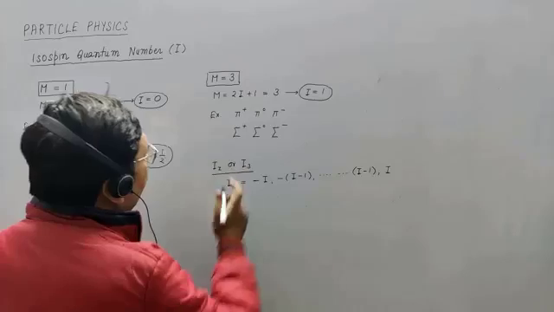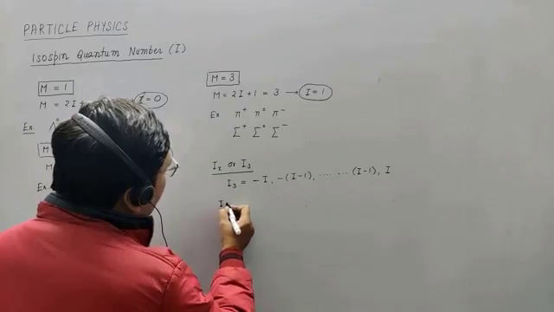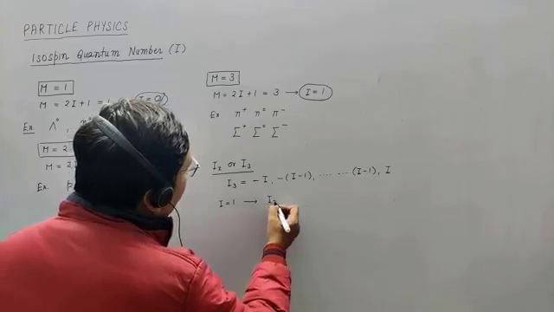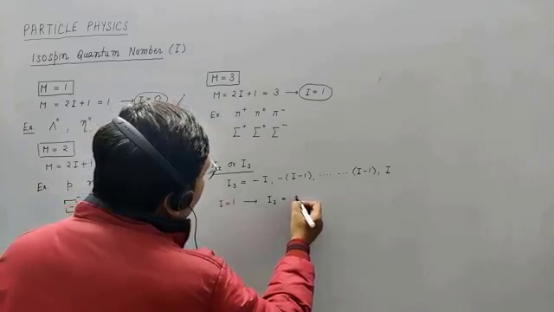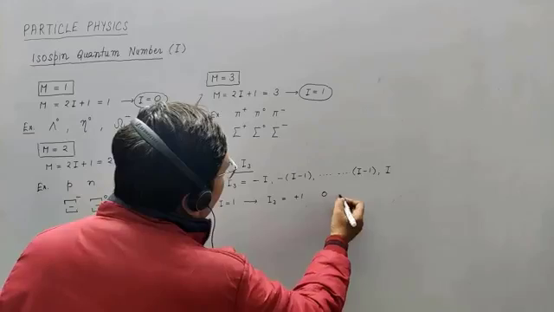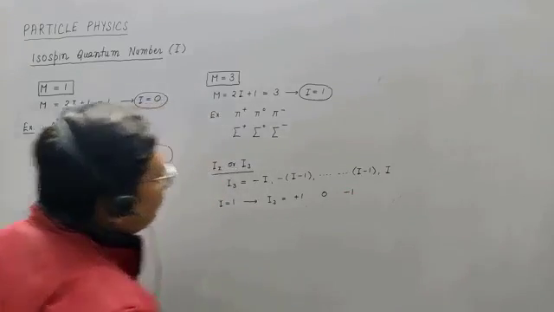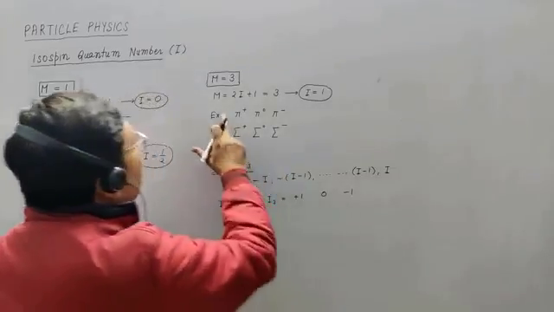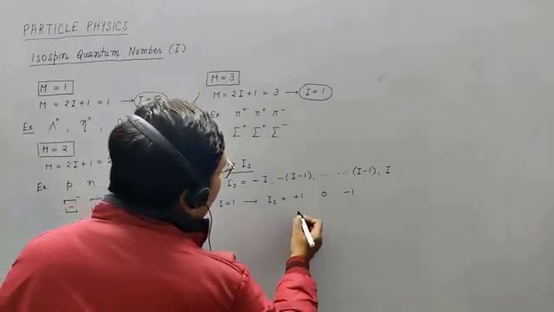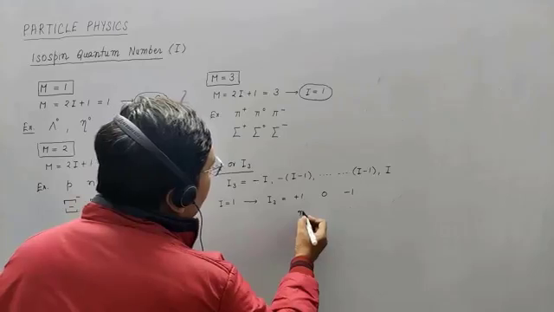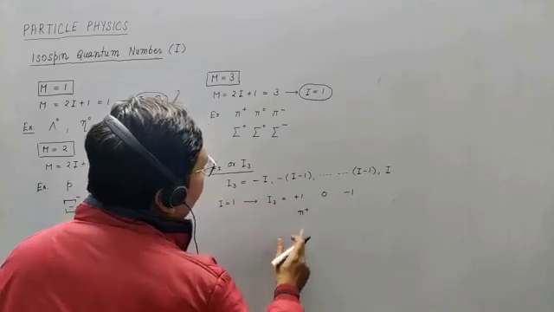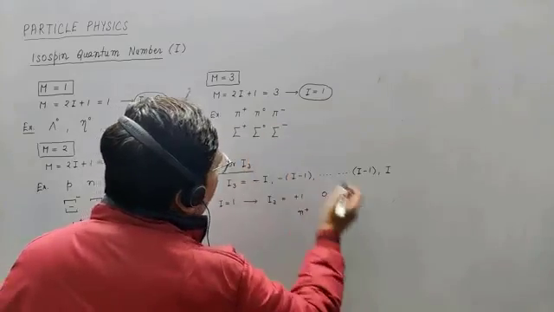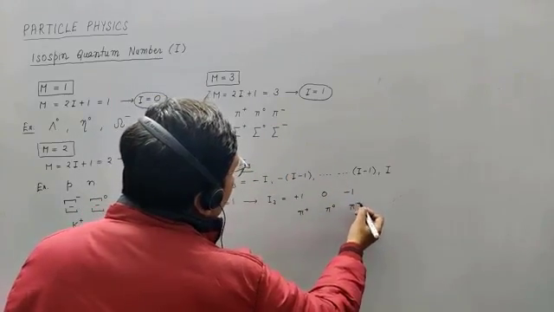So take an example. Suppose I is equal to 1. Then corresponding to this I, there will be three values of I3. These will be plus 1, 0, and minus 1. Now consider these values for these two examples. Corresponding to I3 is equal to plus 1, we will have the pi plus state. For 0, we will have the pi naught state. And for minus 1, this will be pi minus.